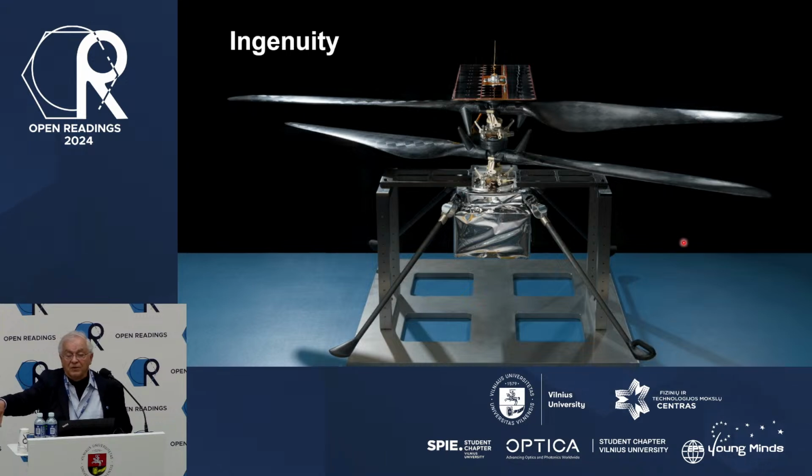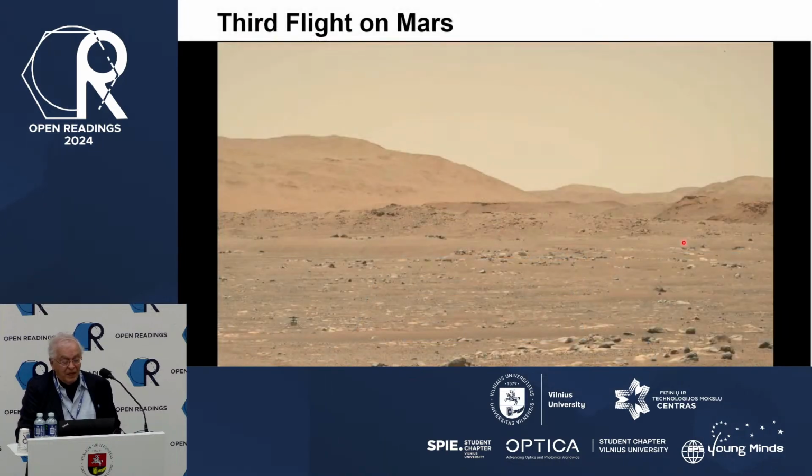It has to look at the surface and avoid any rocks or anything, because otherwise, if it hits a rock, it will tilt. And the whole helicopter is about this big. So it had to have enough intelligence and computing power to be able to avoid any obstacle on the surface. So we were very nervous about it.